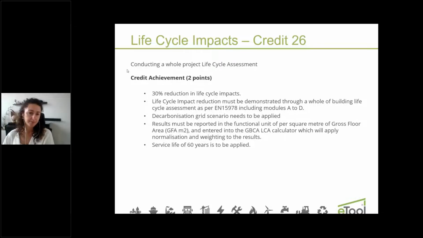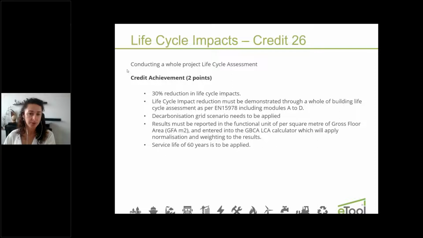This basically means you need to conduct a whole of project, whole of life cycle assessment using a 60 year lifespan. Similar to before, using the methodology provided by EN 15978 and reporting to include modules A, B, C and D. On top of that, you also need to use a decarbonization grid scenario because the grid will be decarbonizing by 2050, and there are some rulings there that Enrique will cover as well.